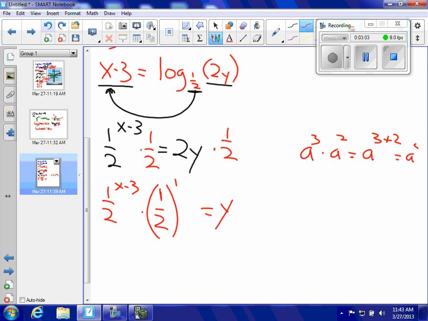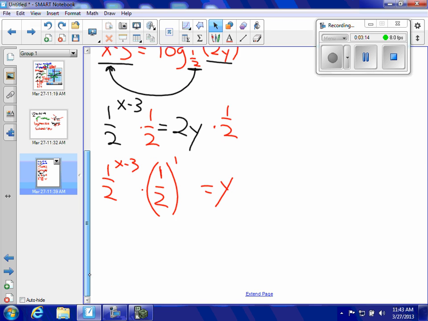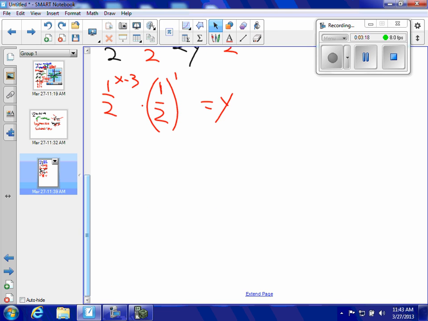I get a to the 5th. Same logic with this over here. I have 1/2 to the x minus 3, and I have 1/2 to the first. So this is going to be the same thing as 1/2 to the x minus 3 plus 1 is equal to y.